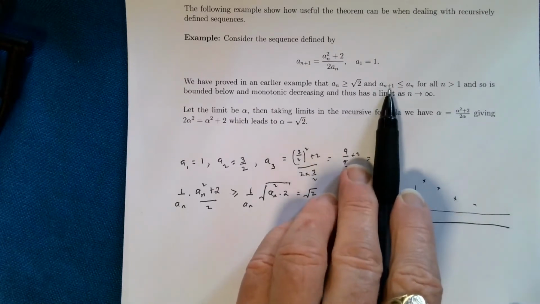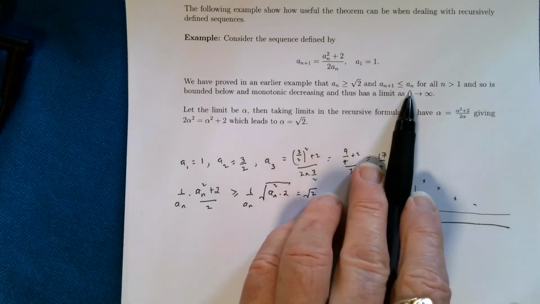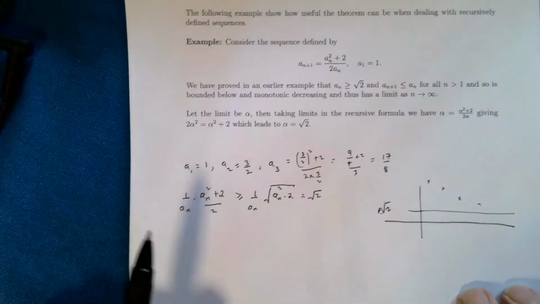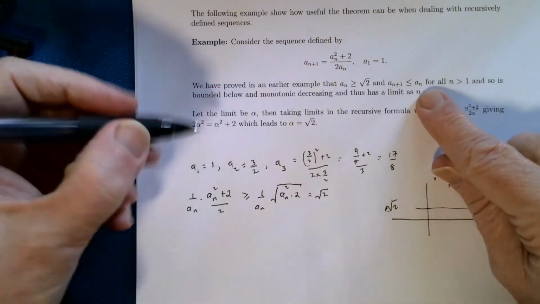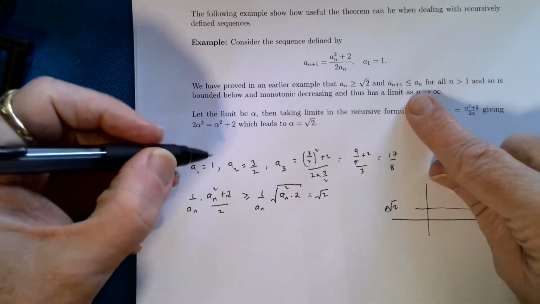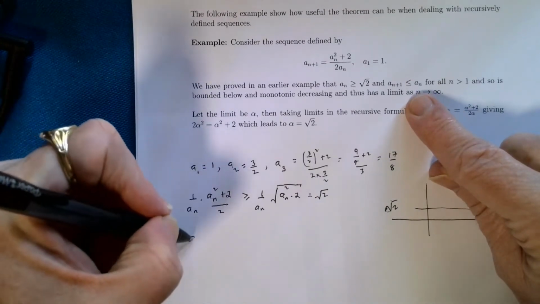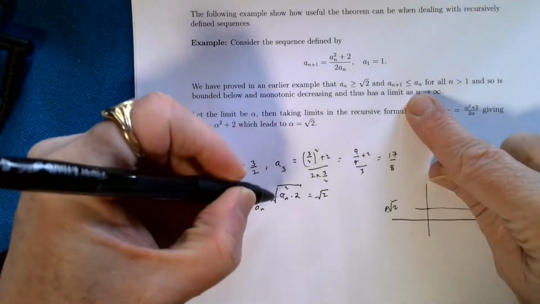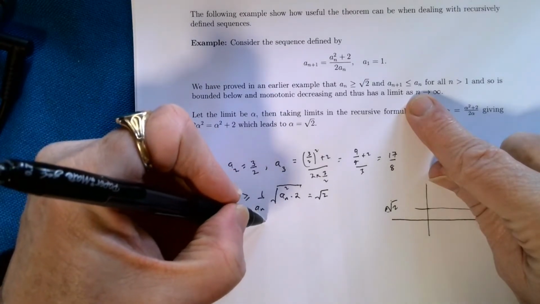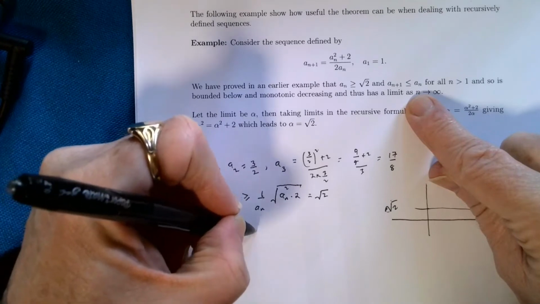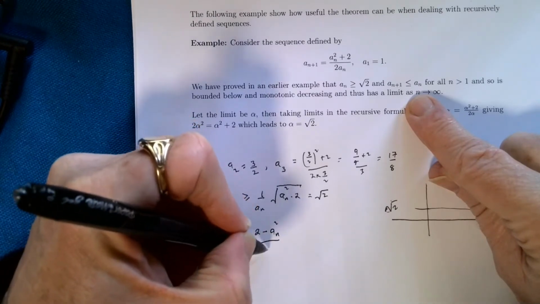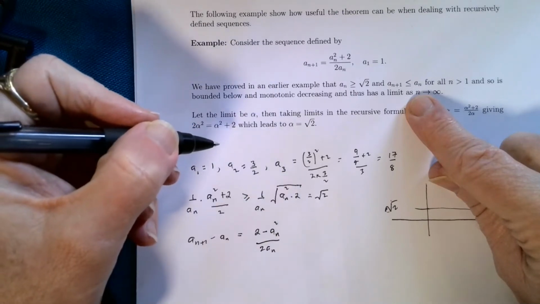Each term is less than the one before it. Remember, we did this by looking at a_(n+1) minus a_n, and we showed that was equal to (2 minus a_n squared) over 2a_n when we simplified it.